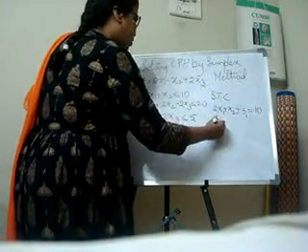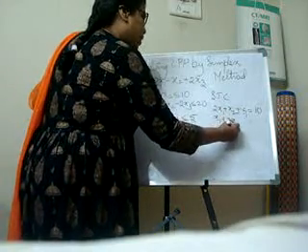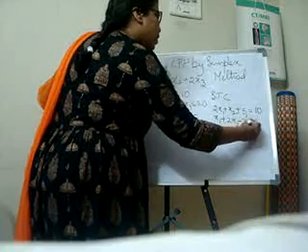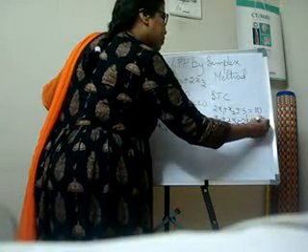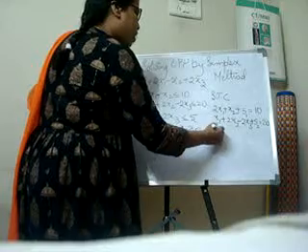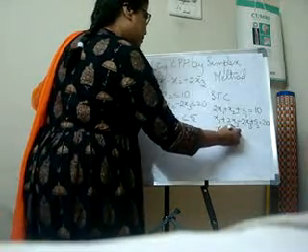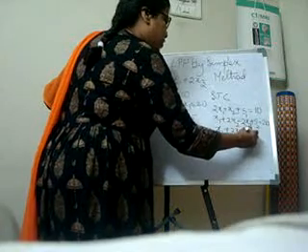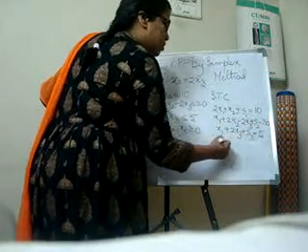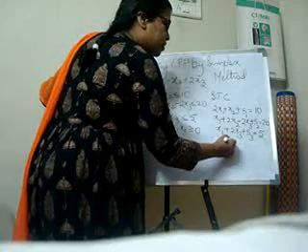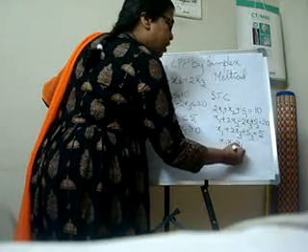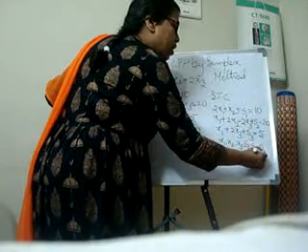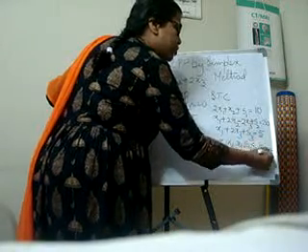Now x1 plus 2x2 minus 2x3 plus s2 is equals to 20. Now x1 plus 2x3 plus s3 is equals to 5, and non-negative restrictions: x1, x2, x3, also s1, s2, s3, all should be greater than or equals to 0.